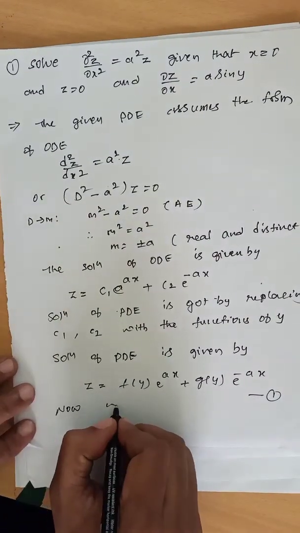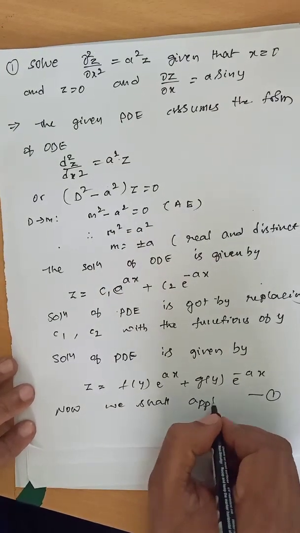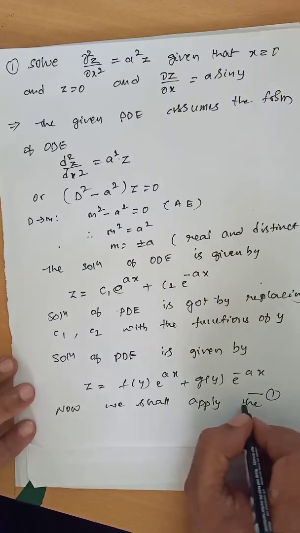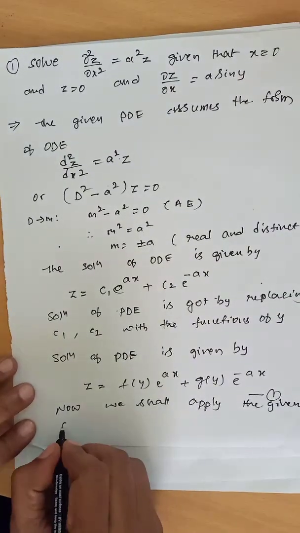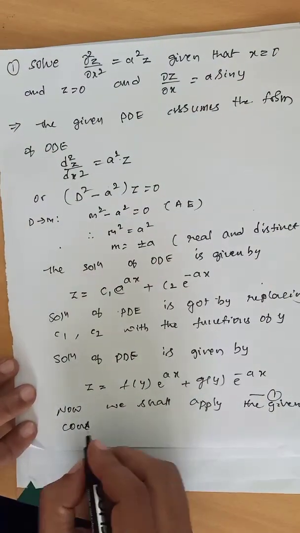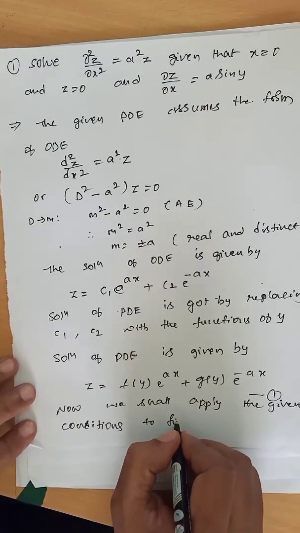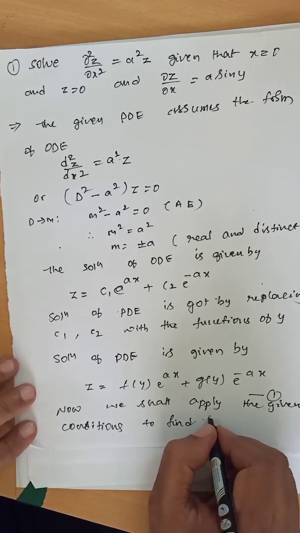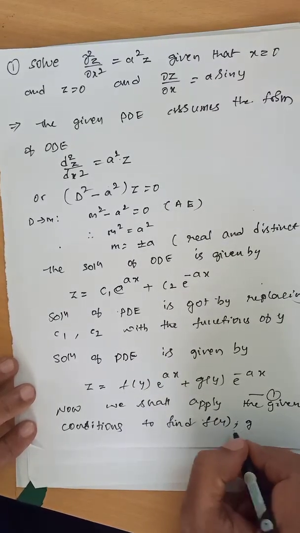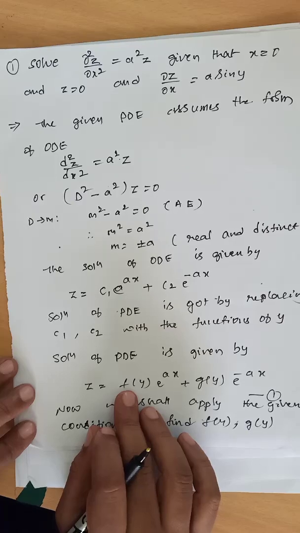Now we shall apply the given conditions to find f of y and g of y. Since initial conditions are given, we find the values of the functions f of y and g of y.